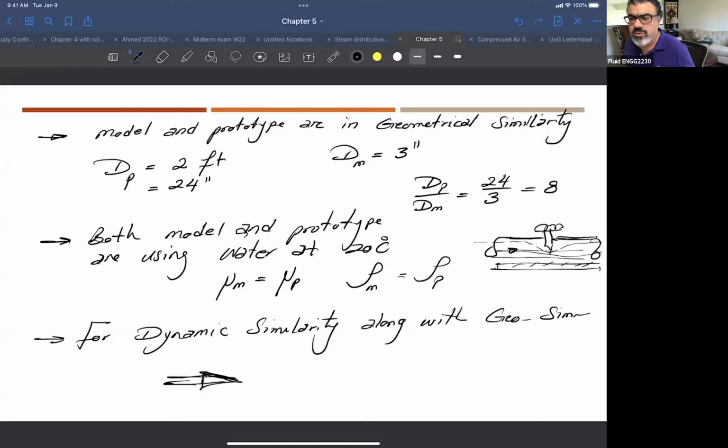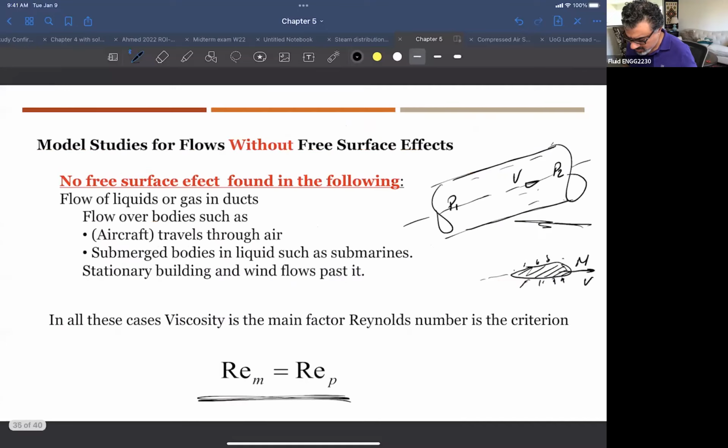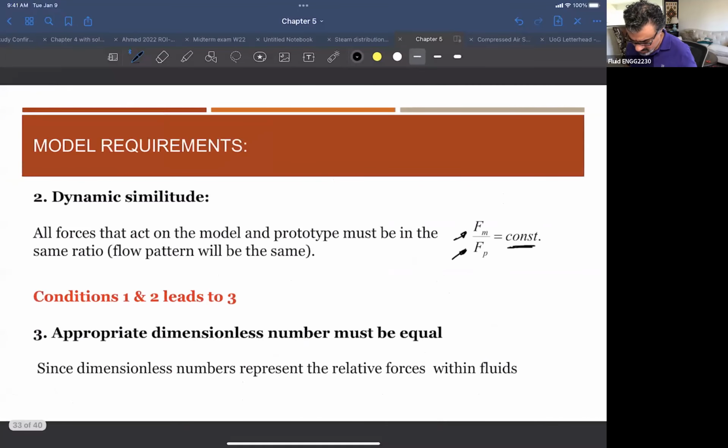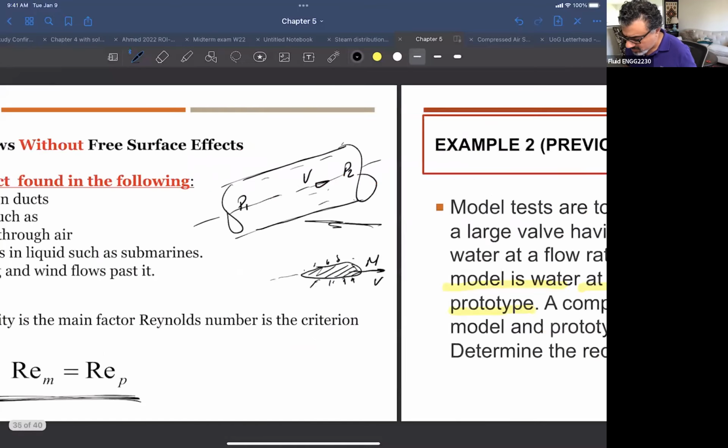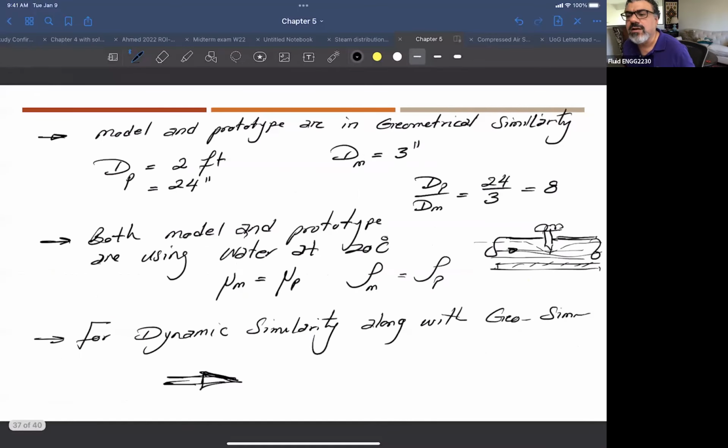But if you remember when we said we have a geometrical similarity and dynamic similarity satisfied, you remember the third condition, appropriate dimensionless number should be equal. Okay, which dimensionless number should we use for this problem?